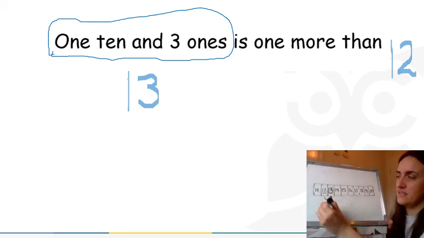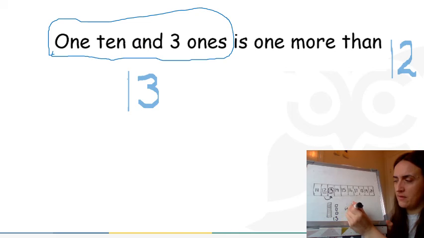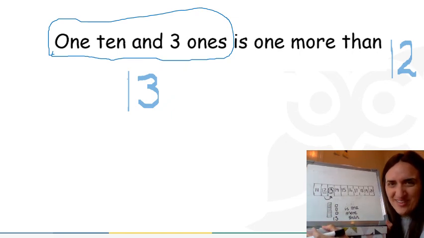Let's have a look at that. This is what it was. 1 10 and 3 1s, which we know is 13, is 1 more than. Oh, how could we be really clever and say our answer in 10s and 1s?